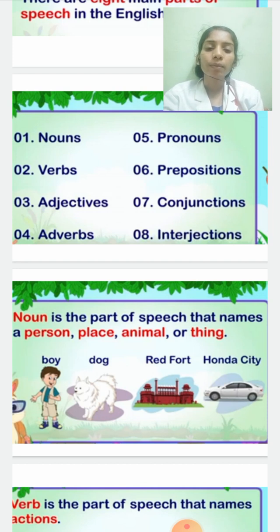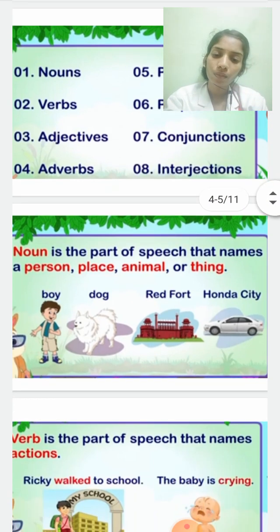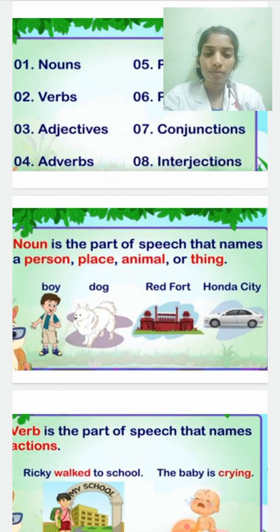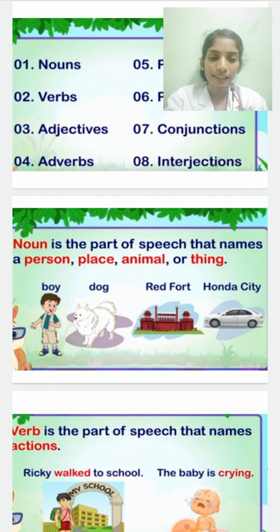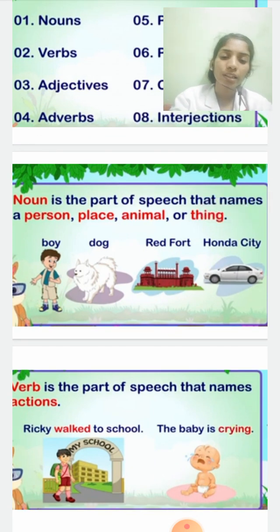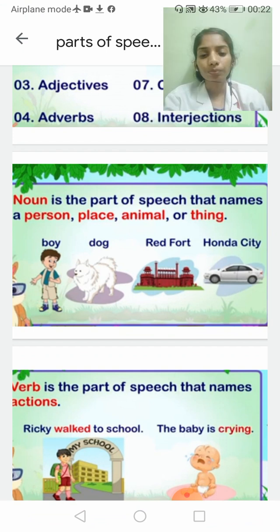We have to give it a name, so that we can denote that it is an animal, it is a dog, this is a human being, and this is a ball. Objects represent things. So a noun refers to the name of a person, place, animal or thing: boy, dog, Red Fort, Honda City. Here you can see examples with marked words.